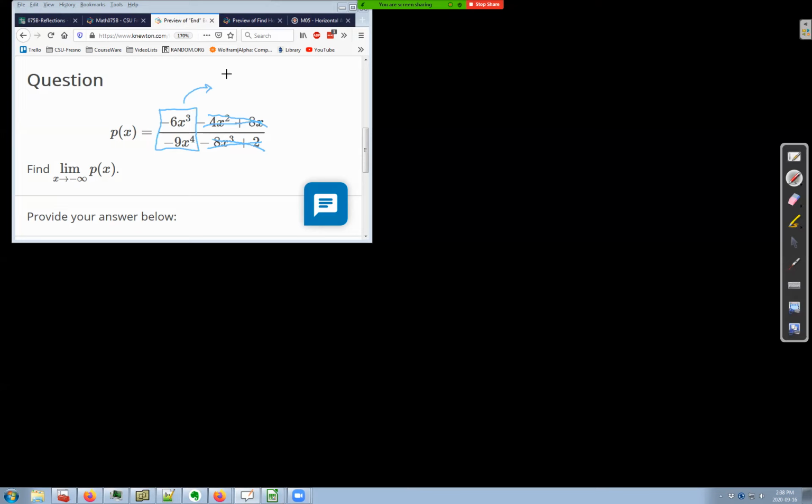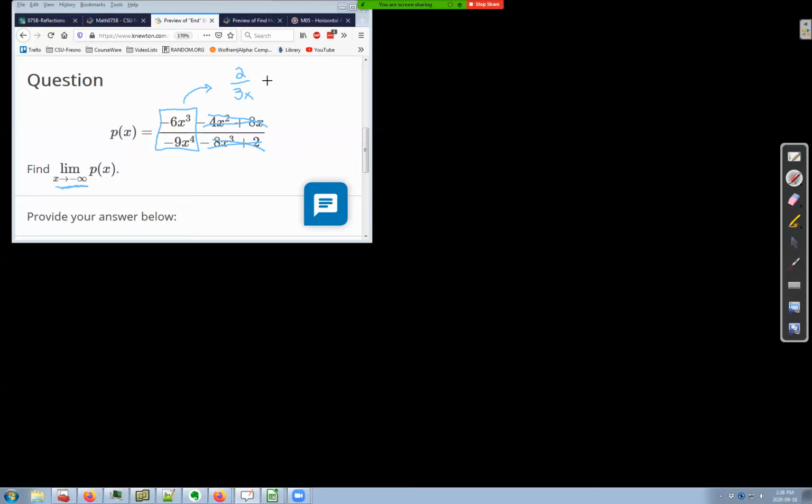Since we've knocked out all those other terms, we might as well simplify this. We simplify this to 2 over 3x. That's just easy algebra there. Now I go back to the original limit, and I ask myself, what happens when x gets really, really negative? So I imagine plugging in a number like negative 1 billion.